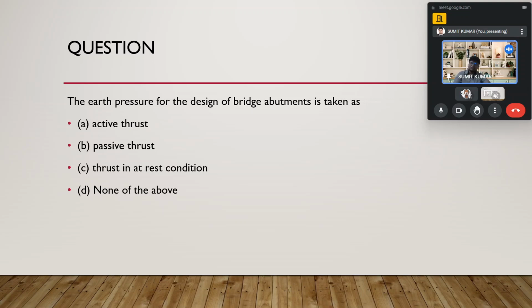With a retaining wall, the pressure acts toward the soil or away from the soil, and on that basis we have stated active and passive. But for the earth pressure for the design of a bridge abutment, the thrust is in the rest condition.